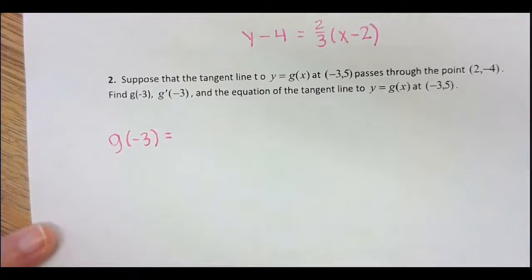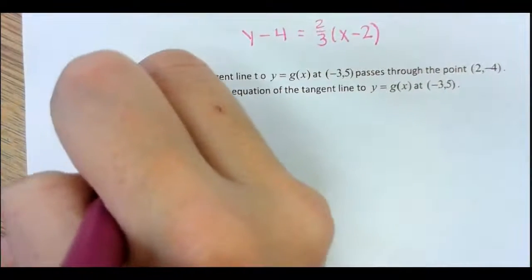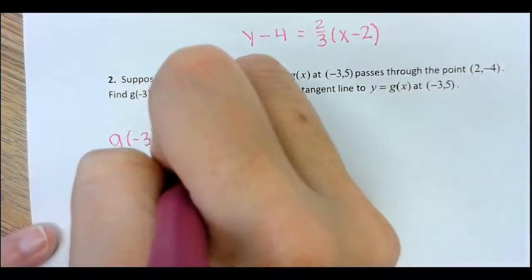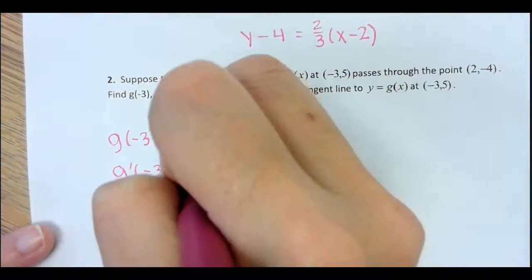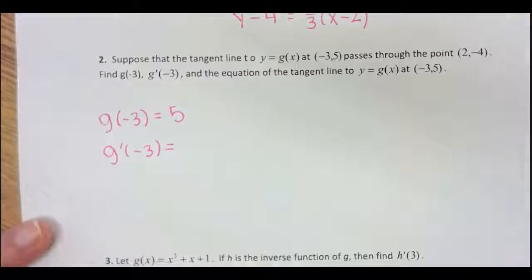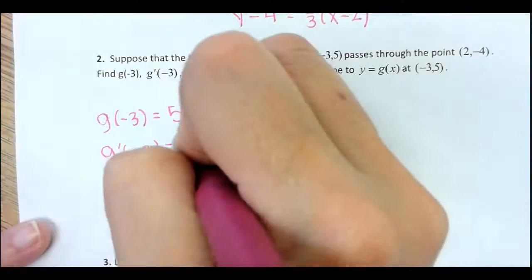would be equal to what? Exactly. And g prime of -3 is equal to the derivative. So derivative represents slope. So g prime of -3 will be the slope given our 2 points.